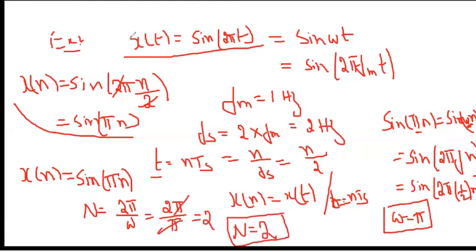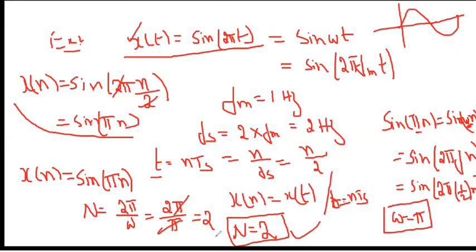For the given function x of t is equal to sine 2 pi into t, the fundamental period N is equal to 2, my dear students. N is equal to 2. Now see the characteristics of the sinusoidal function: within the full cycle, how many samples per cycle are there? There are 2 samples.